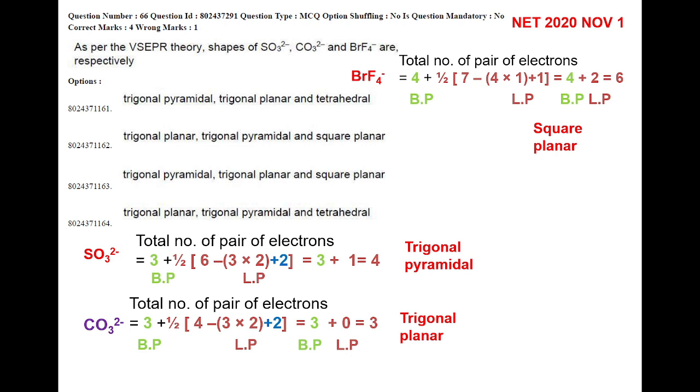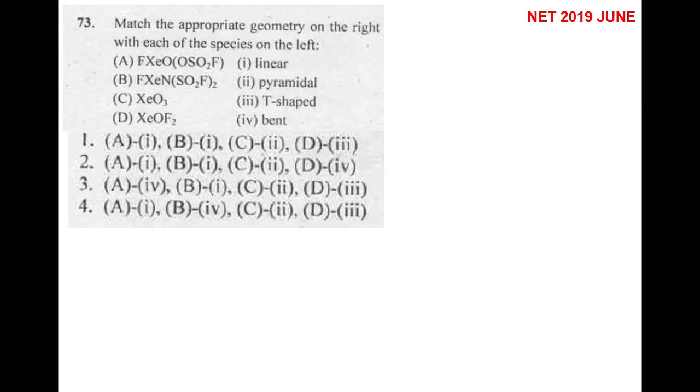So this is square planar. By using previous calculations, what will be your answer? Trigonal pyramidal, trigonal planar, and square planar. So third one is our answer. 3 is our answer.